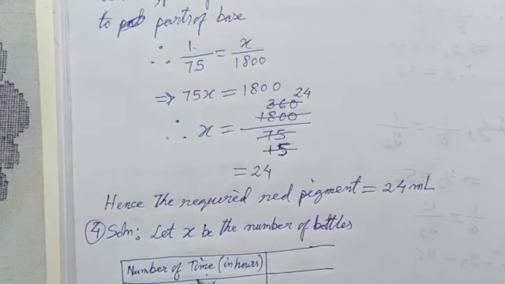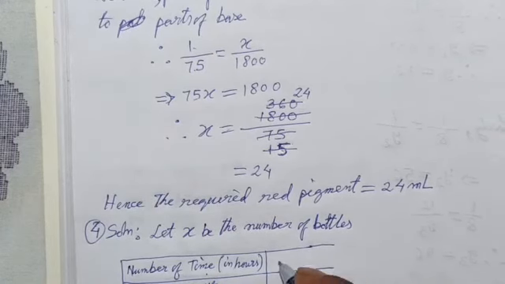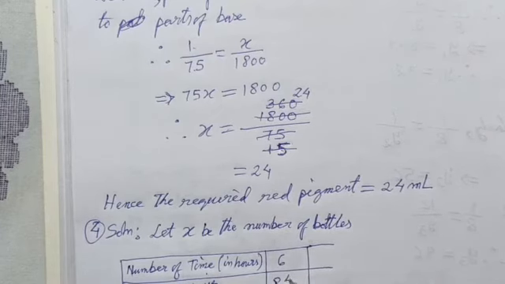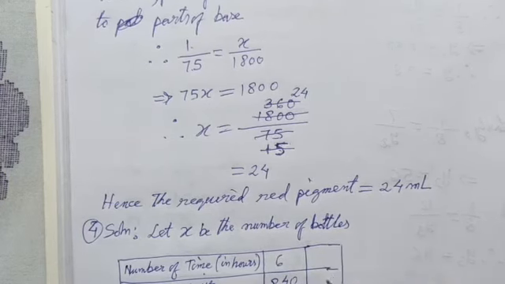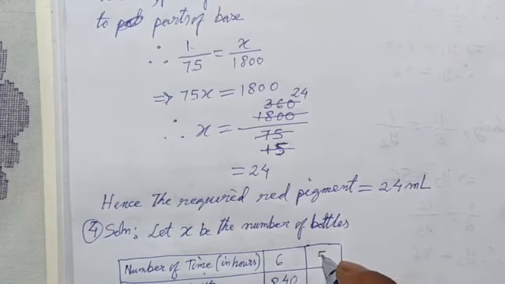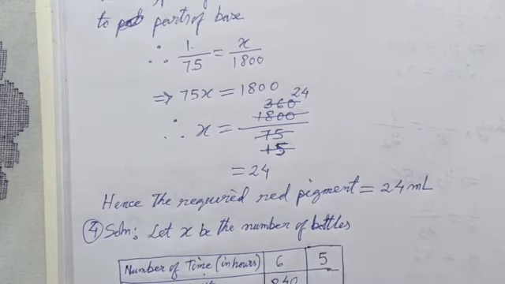The time given in the question is 6 hours, and the number of bottles is 840, and the time now is 5 hours, and the number of bottles to find out is X.